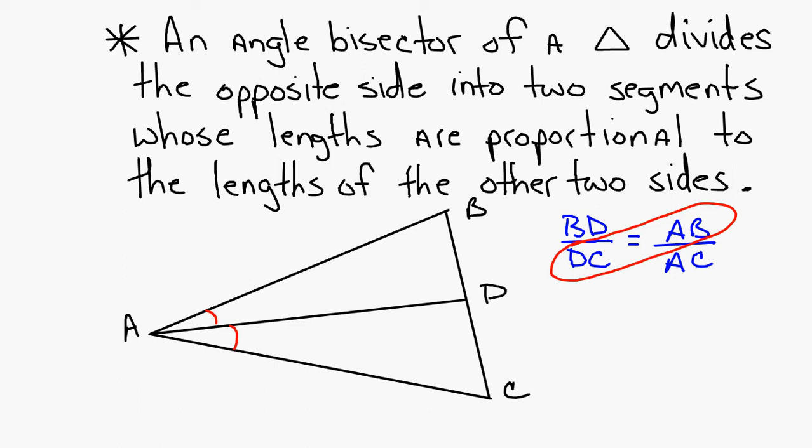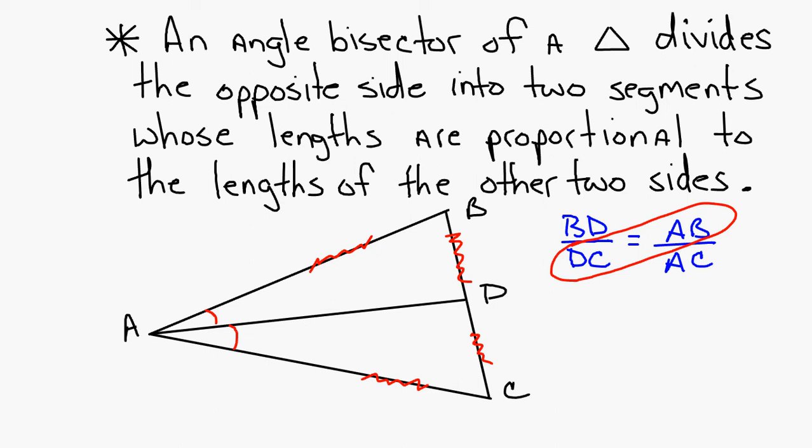I think this rule is way easier to remember as an angle bisector in a triangle splits. Here's the proportion I think is way easier to remember. This piece over this piece is equal to this piece over that piece. See how the angle bisector created two segments?